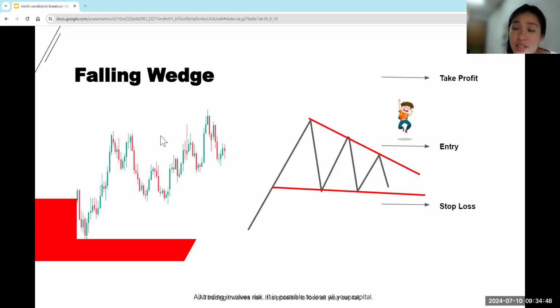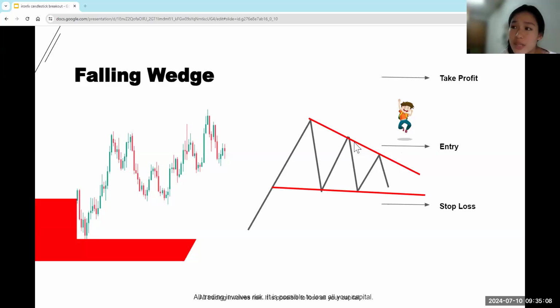Okay, so for your ascending triangle here, the upper line will go through most of the equal highs, so it doesn't have to go through all. And your lower line just has to connect all of the lows. So it's just the opposite of this shape here. Take profit would be above that higher swing high rather.